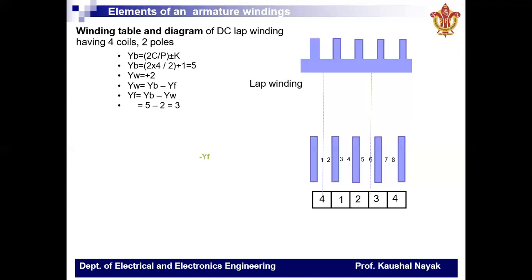Before we understand the winding diagram, a winding table is generated using these three basic quantities like back pitch, front pitch, and winding pitch, out of which only back pitch and front pitch will be utilized to develop the winding table.